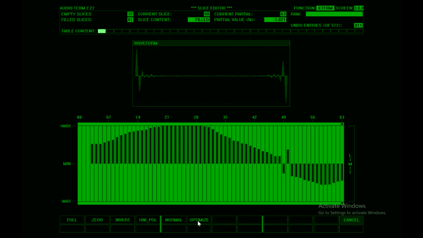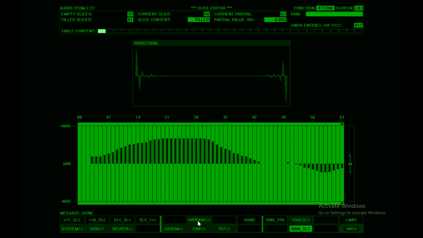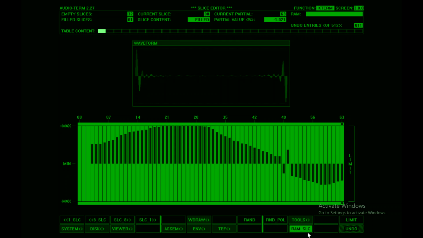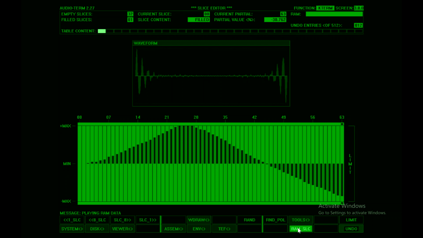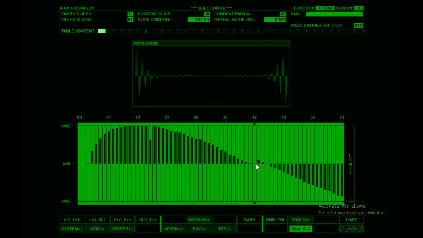Optimize, I don't know the theory behind it. Not at all. So it doesn't seem to change the sound, but let's get something we can hear.